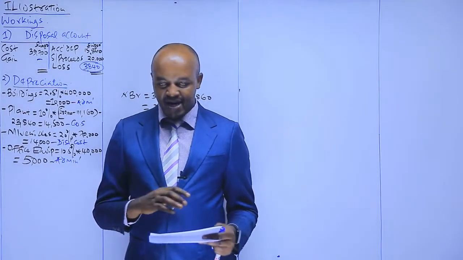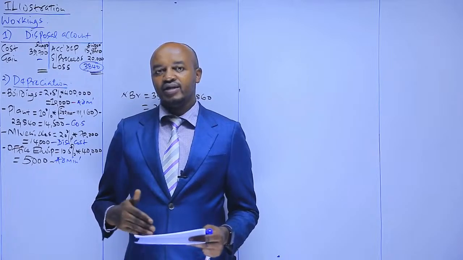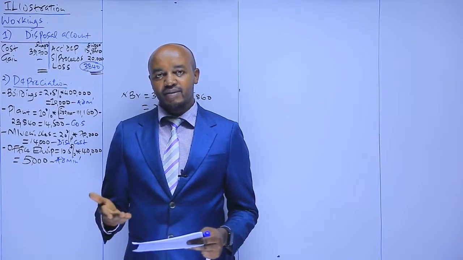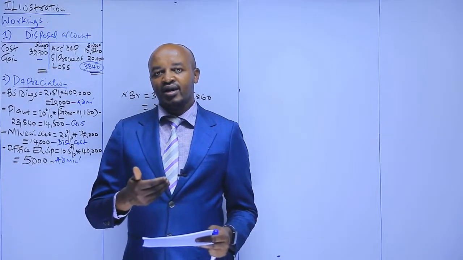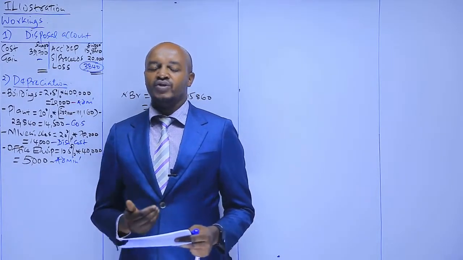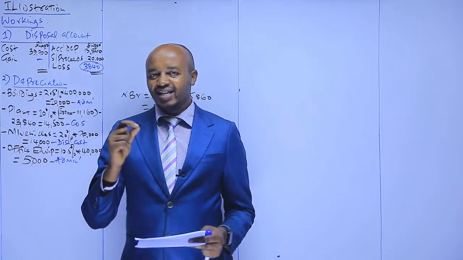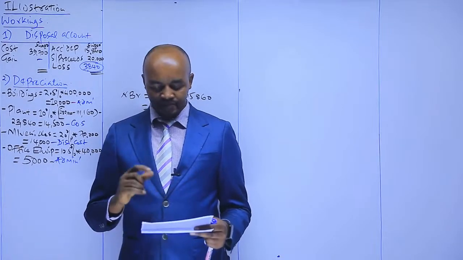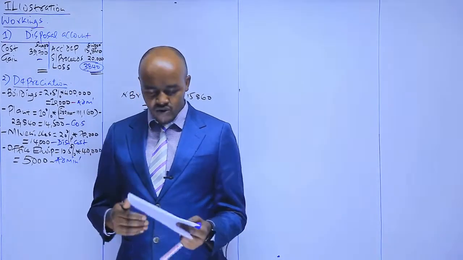Remember, these bad debts are written off as a result of a decision made by the board or the management, and therefore we classify that as part of administrative expenses. And then you're told the balance relates to the prior year.